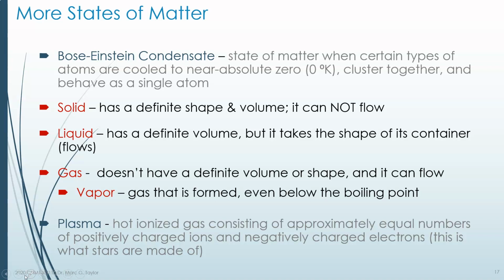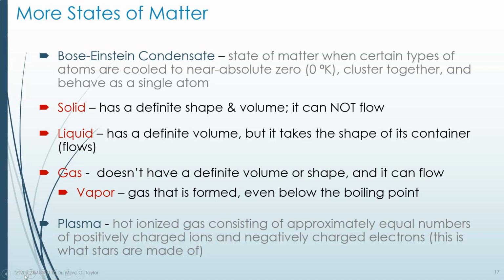And if you heat up gases high enough, the particles that make up the gas will start to break apart, and you'll form positively charged ions and negatively charged ions. And in fact, this hot ionized gas is what all stars are made of. In fact, plasma is probably the most common form of matter in the visible universe.